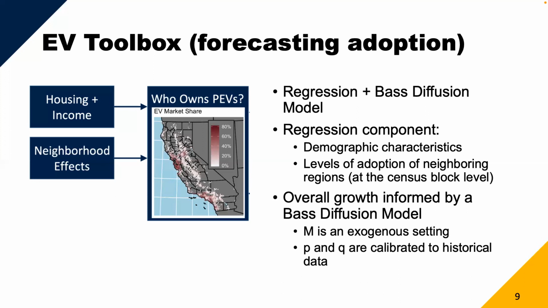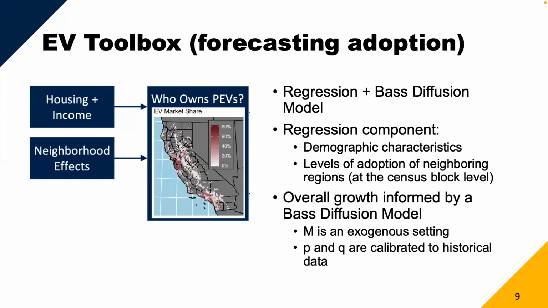Yes. So on the right side, you said you have demographic characteristics, and here you only include housing plus income. So I wonder, what are the variables? They include a whole bunch of other demographic characteristics, but from the regression, these are the ones that tend to look like they're influencing the model.